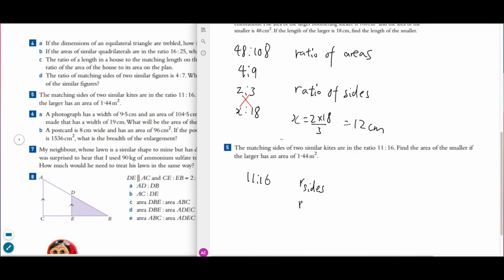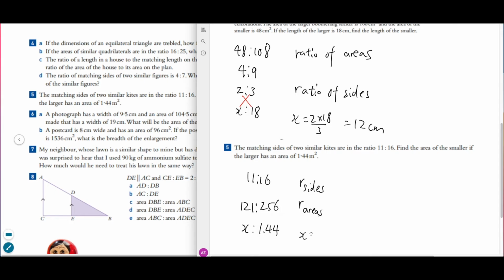So then what should the areas be? 11 squared is 121. 16 squared is 256, right? So that's the ratio of the areas. Now the question says find the area of the smaller one if the larger one has an area of 1.44. So you want to find the smaller one. If the larger one is 1.44, how do you find x?